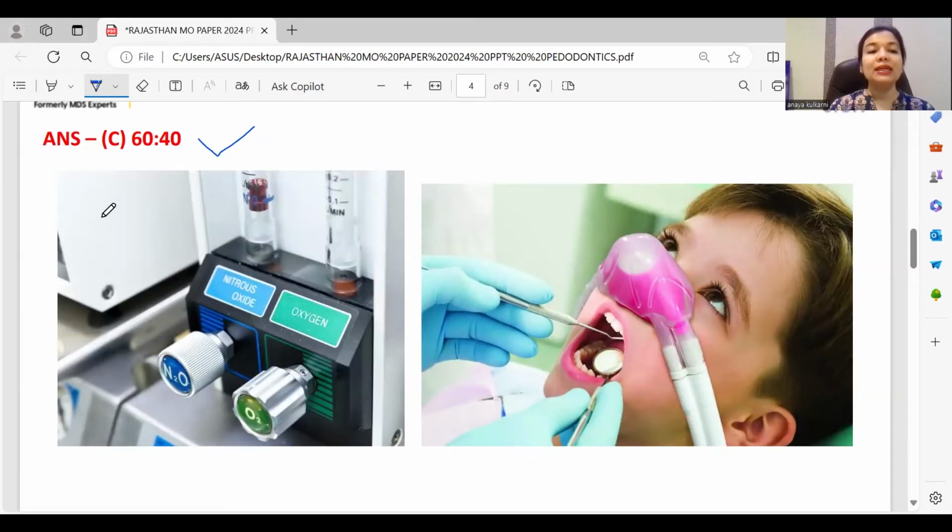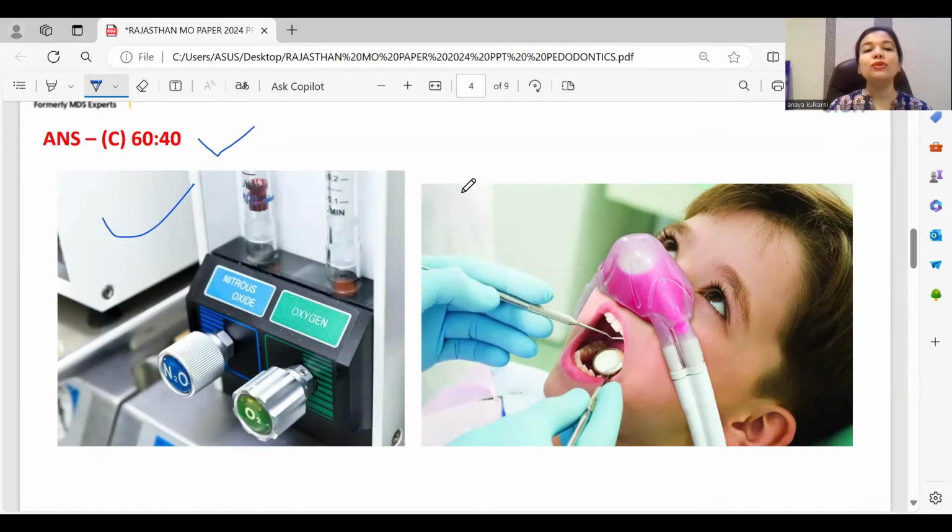So basically, this particular picture is the setup for conscious sedation, the nitrous oxide used in dental practice. So there are two cylinders. The blue cylinder marks the nitrous oxide cylinder, and the green cylinder is that of the oxygen cylinder.